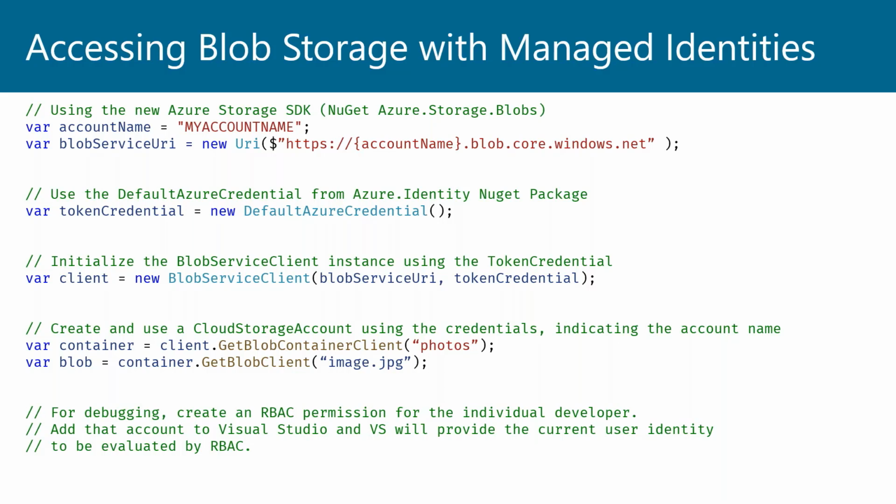It just tries a bunch of different strategies to obtain a credential, one of them being, relevant to our talk, a managed identity. So if there's an ambient managed identity that it can work with, it will pass those credentials along as it's creating the instance of the client. And then we can use the client in our code to access information from the blob storage resource.